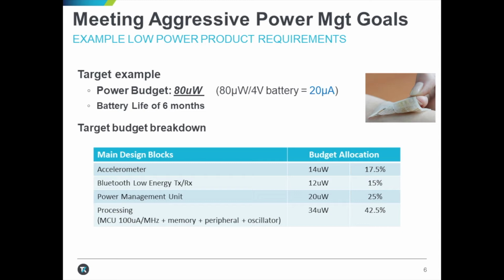Now, with the basis of a 4-volt lithium-ion battery, what this means is the designer will have to break down this 80 microwatts into its distinct different design blocks. So within this context, the accelerometer sensor, Bluetooth low energy RF module, the power management unit, and the microprocessor. All summed up, the designer is trying to run on a very minuscule average of 20 microamps of current.